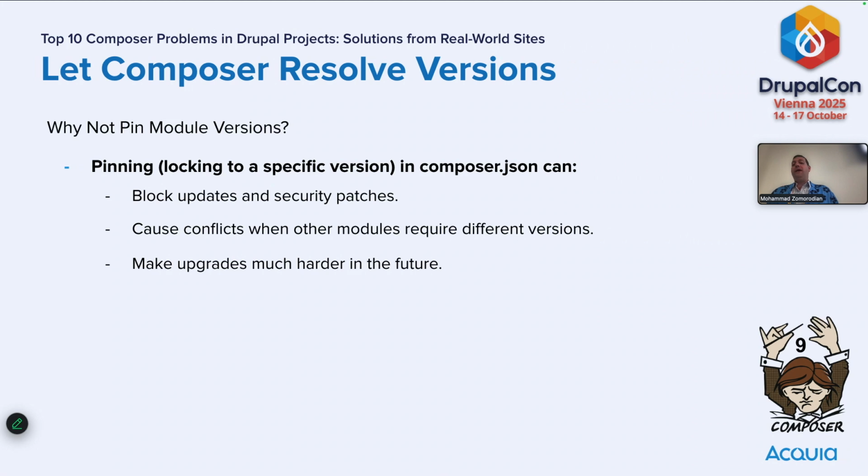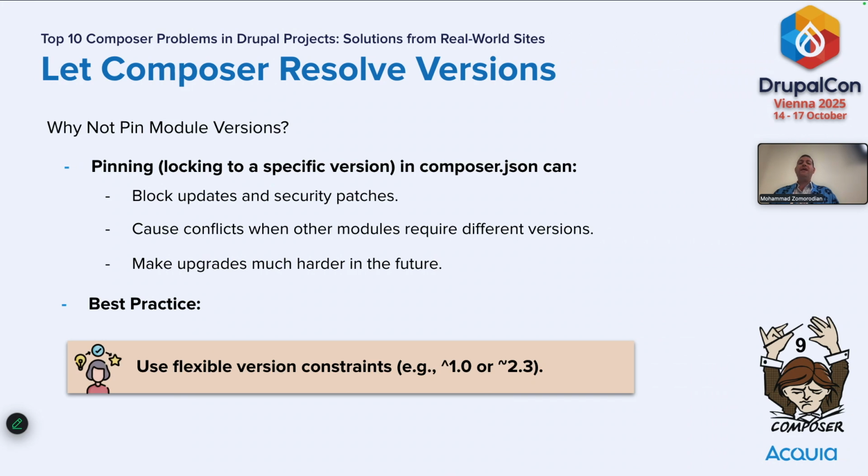It will also make updates much harder in the future. So best practice is to always keep the caret or the tilde before the version number. It means you want to always let Composer make the decision for you on how the dependencies need to get updated.